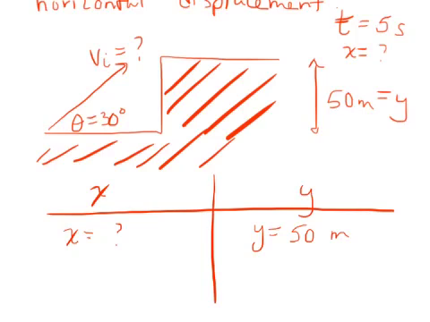What if I were a punter and I punt the ball down the field? It starts at ground level and lands at ground level. What's y now? Zero. If an object starts at the ground and ends at the same height, my delta y is 0.